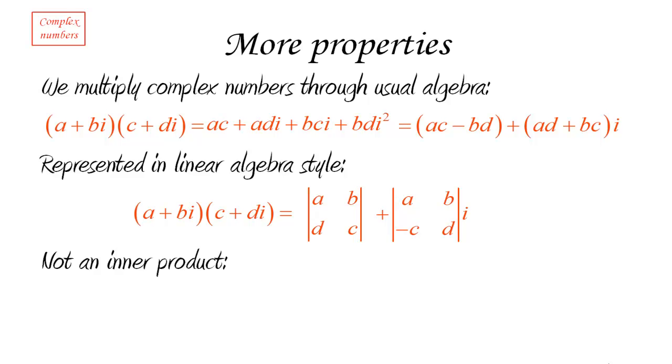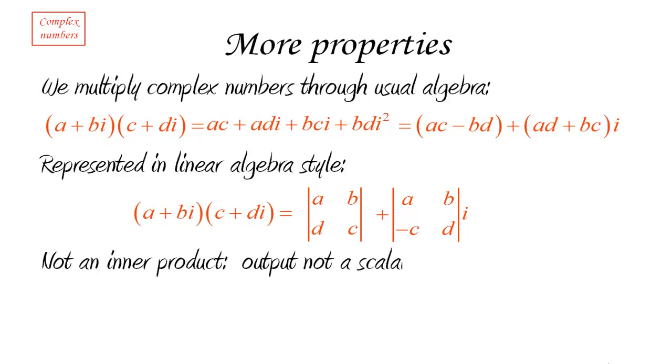Now, this is not an inner product. Remember that I just mentioned a minute ago that with real vectors, vectors in R2, we can multiply them together through the dot product. And the dot product is a special case of an inner product. So you may want to ask, is this an inner product? And the answer fairly simply is no. Can you think of why? Give you one more second.